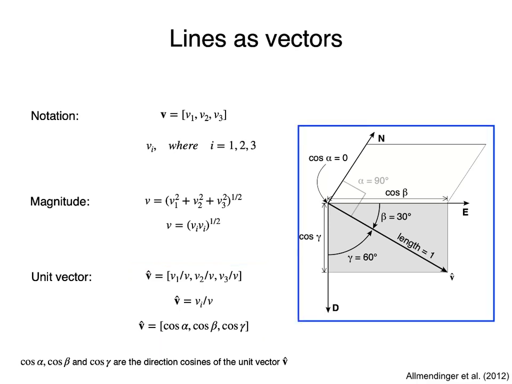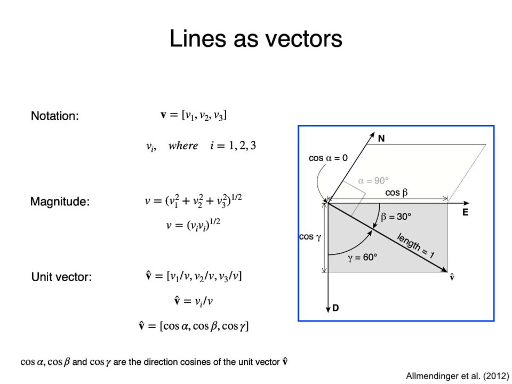For example, in a north, east, down coordinate system, a line can be represented as a unit vector. The angles that the line makes with the north, east and down axes of the coordinate system are alpha, beta, and gamma, respectively. The direction cosines of the line are cosine alpha, cosine beta, and cosine gamma. This case is for a line plunging east.